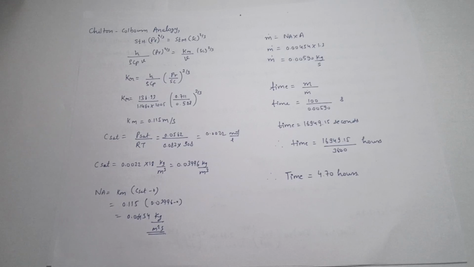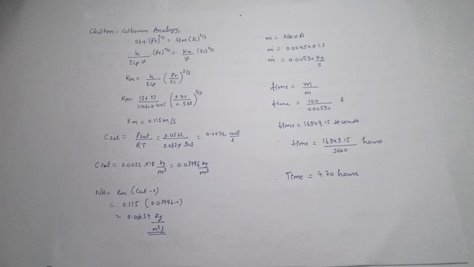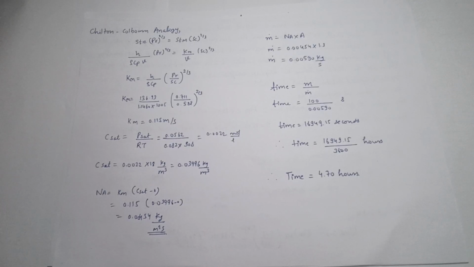The Chilton-Colburn analogy formula, as we know, is Stanton number for heat transfer multiplied by Prandtl number to the power 2 by 3 equals Stanton number for mass transfer multiplied by Schmidt number to the power 2 by 3. Substituting the formulas, Stanton number for heat transfer equals H by rho Cp V, multiplied by Prandtl number to the power 2 by 3, which equals Km by V multiplied by Schmidt number to the power 2 by 3.